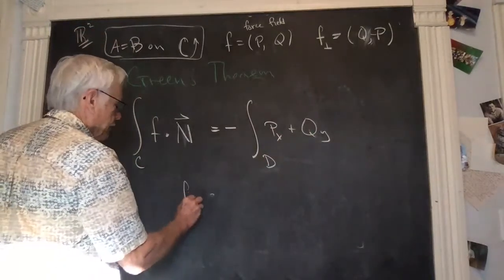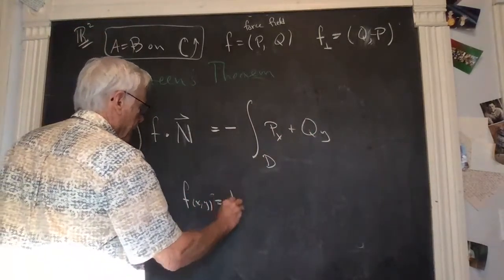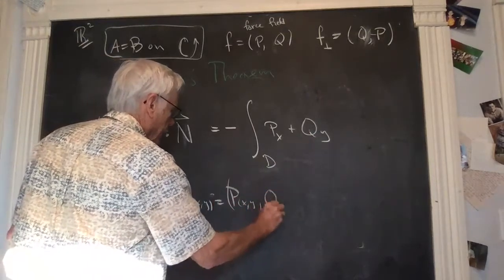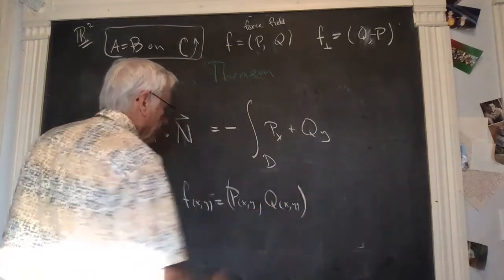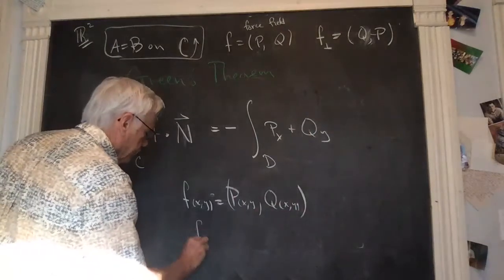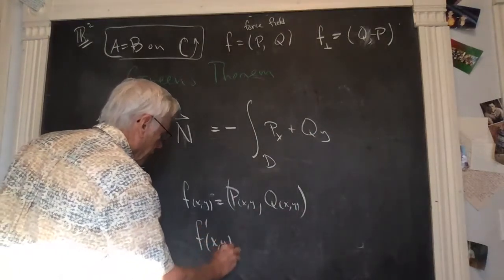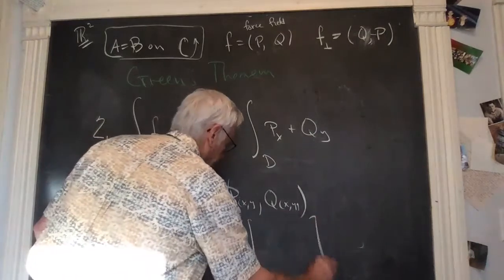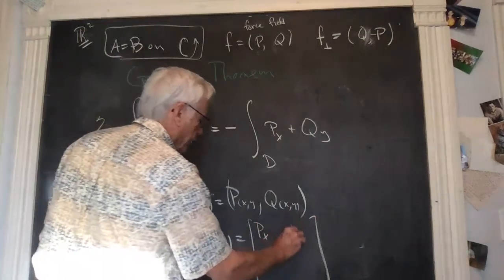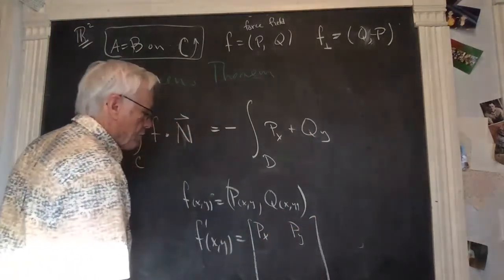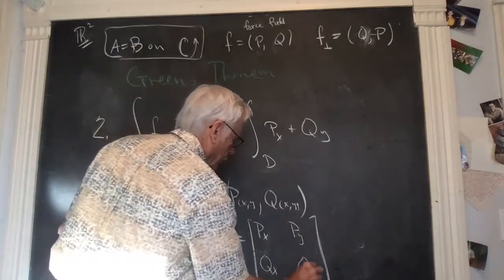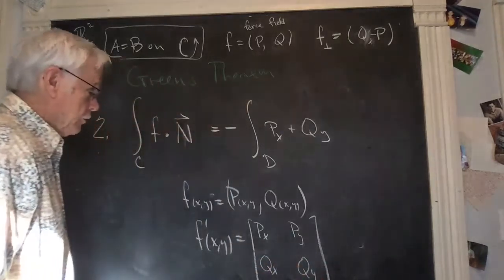So if we take f of x and y, that's equal to p of x and y, q of x and y. It's a vector field. And if we look at its derivative, f prime of x and y, this is the derivative of p with respect to x, the derivative of p with respect to y, and the derivative of q with respect to x, the derivative of q with respect to y. So there's the full derivative.